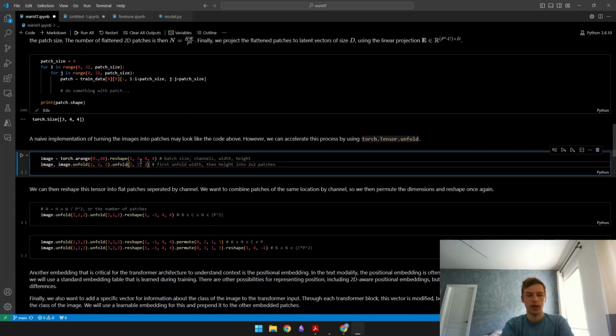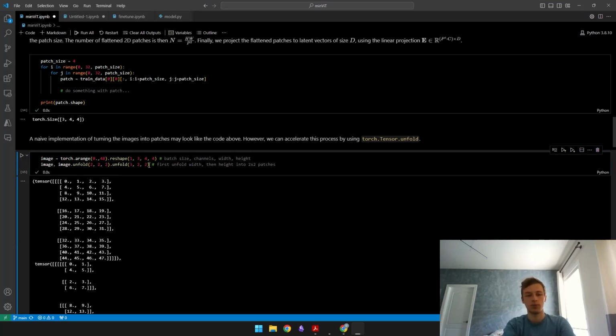So what we're going to look at is, we'll make a toy image using torch.arange, which is like range in Python. We're going to get all the values between 0 and 48. And we'll reshape this just for the toy example to 1 for batch size of 1 image and 3 channels and 4x4 image.